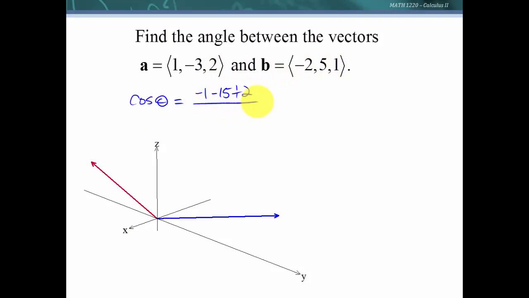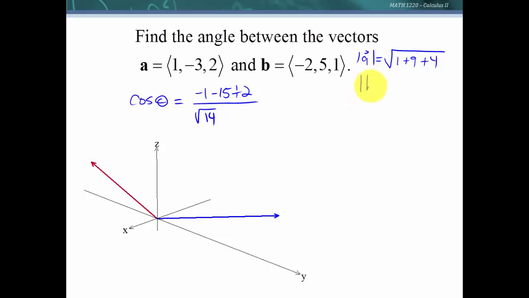Then we divide that by the magnitude of A. The magnitude of A is the square root of 1 squared plus negative 3 squared, which is 9, plus 2 squared, which is 4. So that magnitude is the square root of 14.